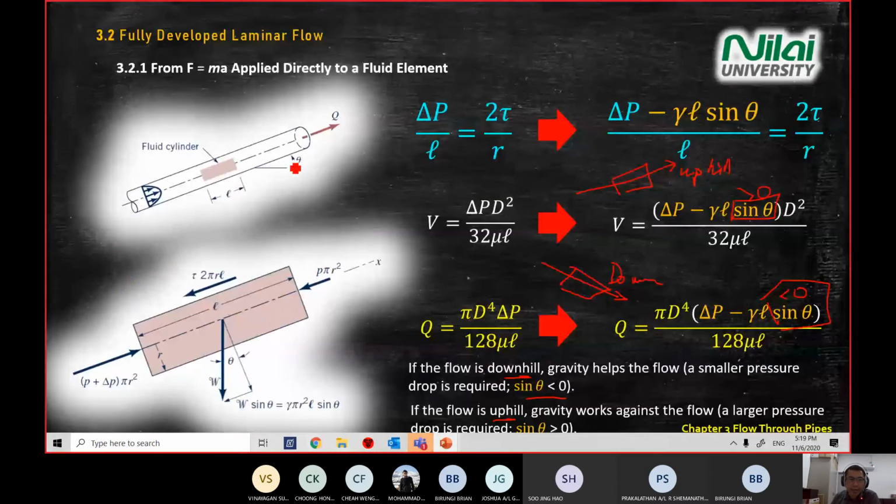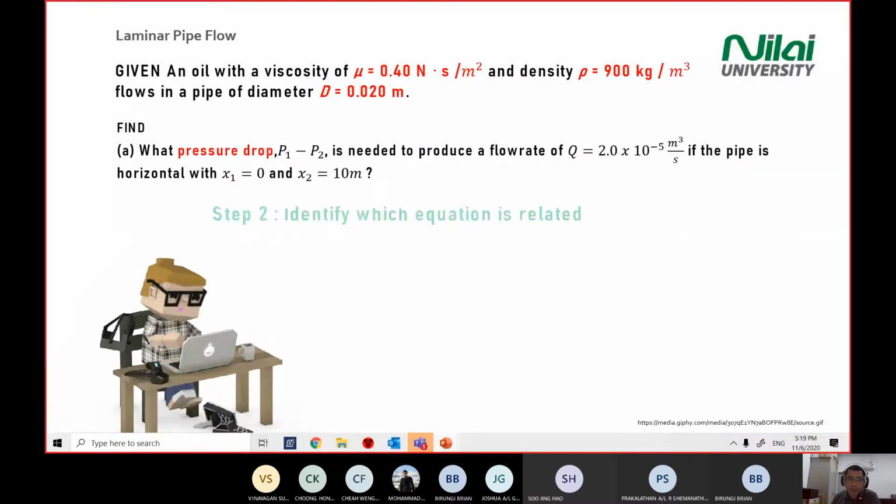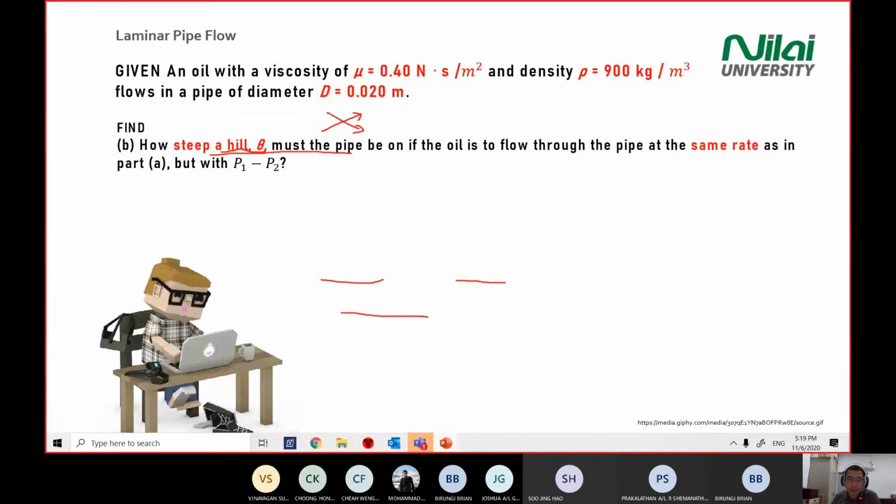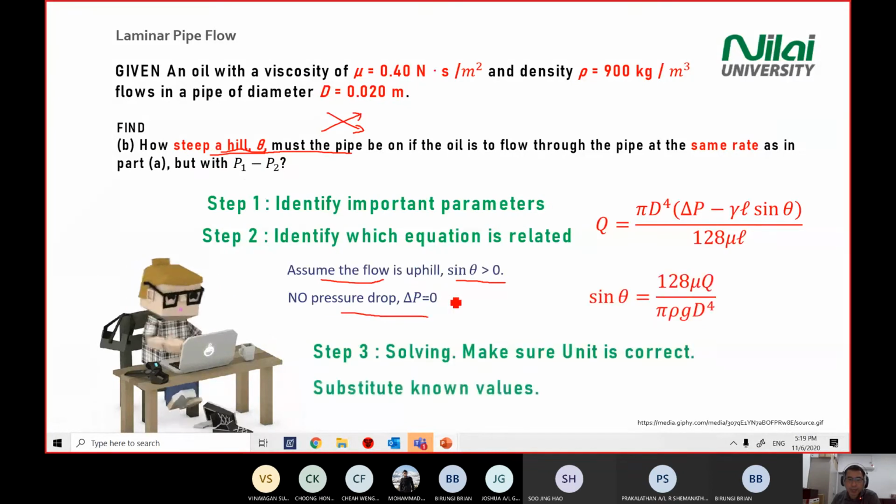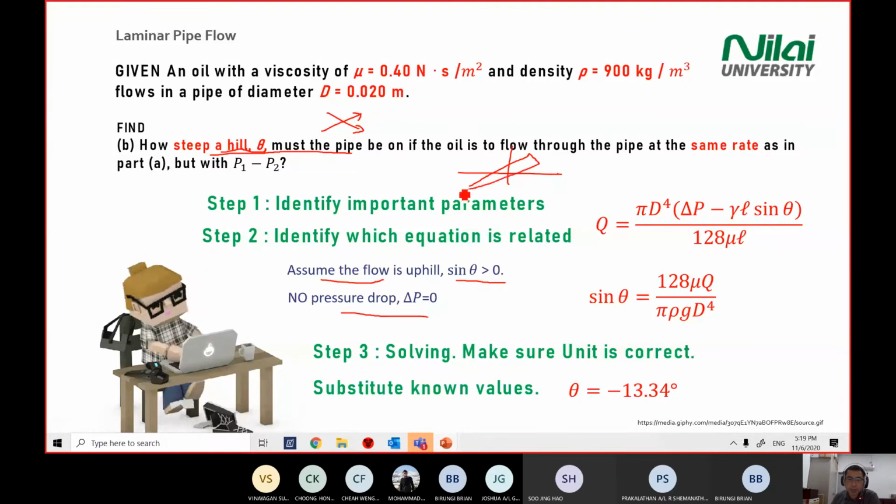All right, and the angle we calculate from like this is positive in this case. So what happens if we have a negative in this case? It means that what we assumed is wrong. Because we assumed it is going up and the angle is positive, but what we get is negative here, it means that our orientation is going down.